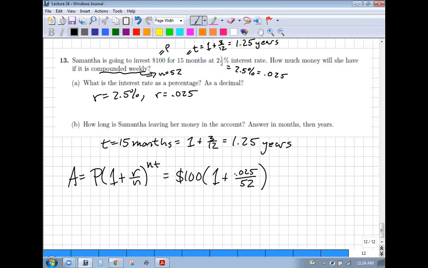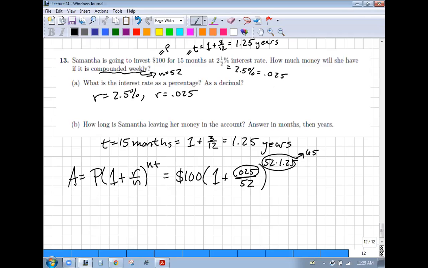So we have to divide the rate by 52, and then we have 52 times 1.25 years. So the way I do this is, first I need to figure out what this number is. 52 times 1.25. I need to know that ahead of time. That's 65. So now that I know that's 65, I start from the inside, work my way out.